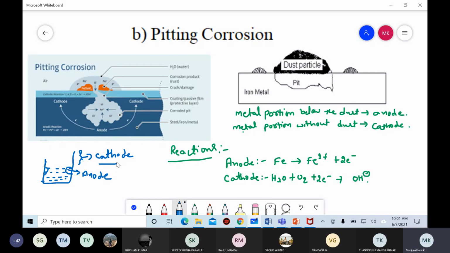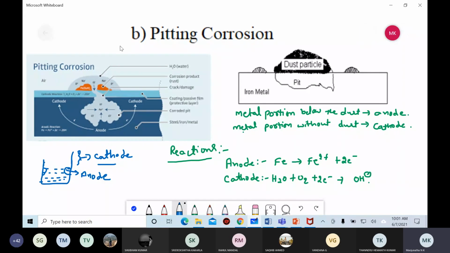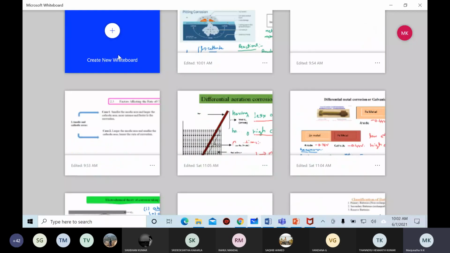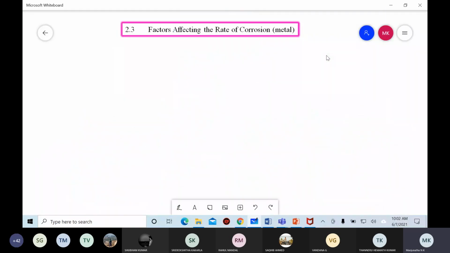Next, another topic in corrosion is factors affecting the rate of corrosion. Whatever corrosion we observe in the environment, once any metal is exposed to the surroundings, some metals undergo corrosion very fast and some undergo corrosion very slowly.